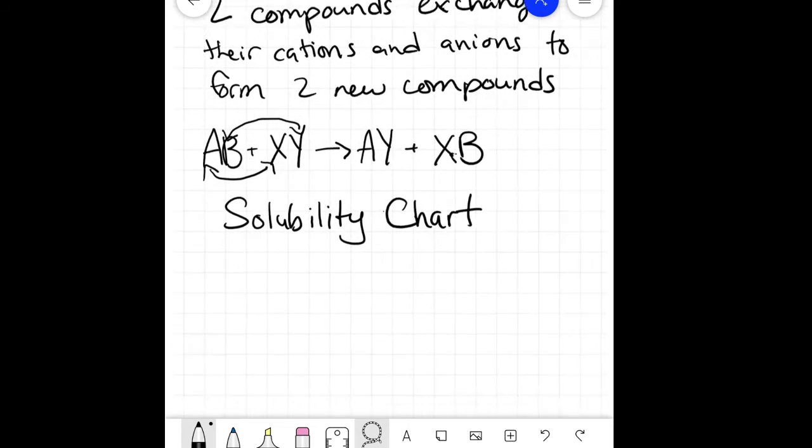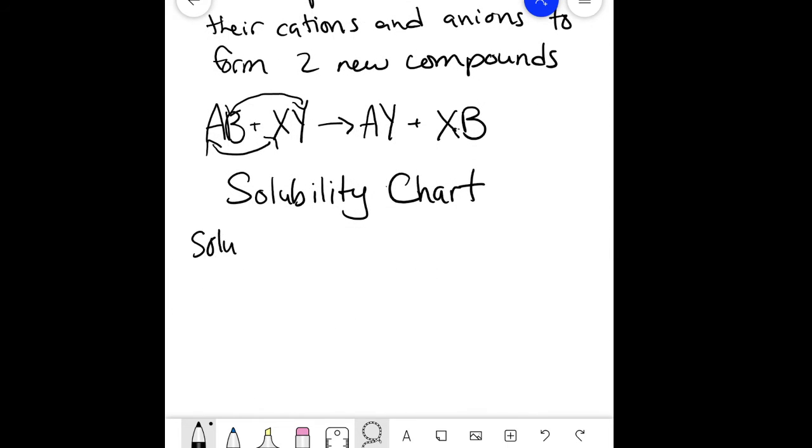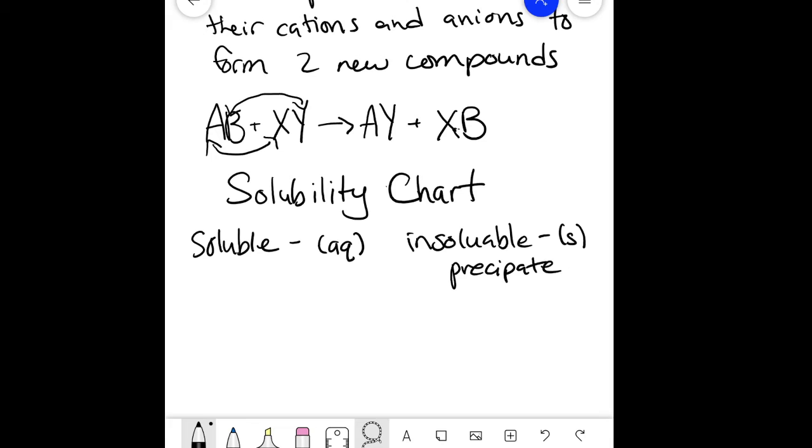When something is soluble, you'll denote it as aq for aqueous, because soluble means it can dissolve in water, and that's what aqueous basically means, something dissolved in water. If it's insoluble, that's going to be solid, because it's going to remain a solid, and that's also going to be your precipitate, because a precipitate is that solid thing that falls out.